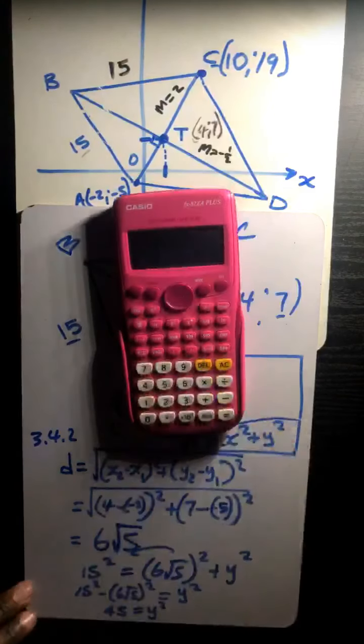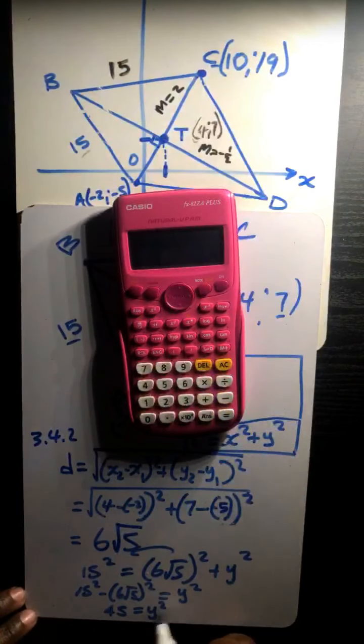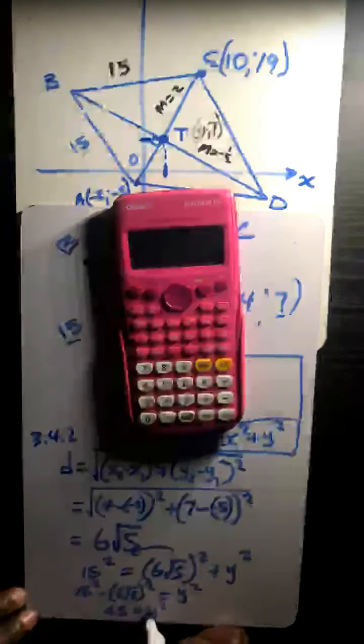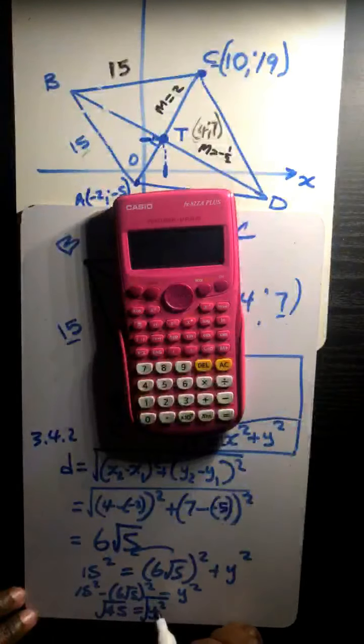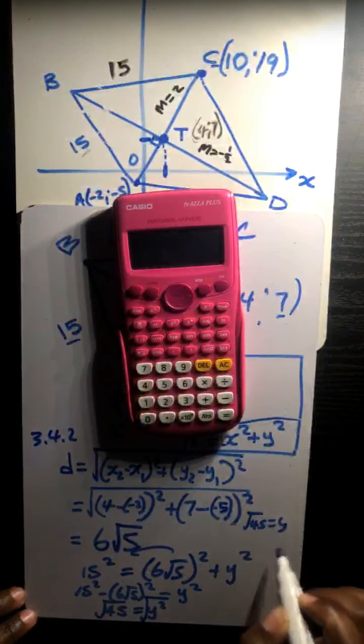Okay, so I suppose everyone is getting 45. Because you have 45 equals y squared, it means you remove that squared by introducing a square root on both sides. So that means you're going to have square root of 45 being equal to y.